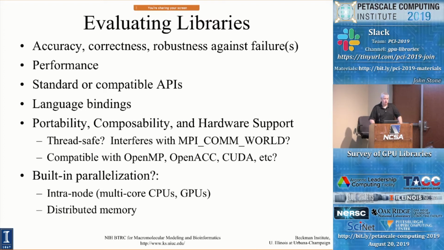I would say over a longer time period, the use of standard or compatible APIs is an important aspect of what you're doing. If I'm writing an application and I invest the time to incorporate and test the use of some library that performs something for me, I want to know that I have maintained this ability to swap in some alternative implementation.